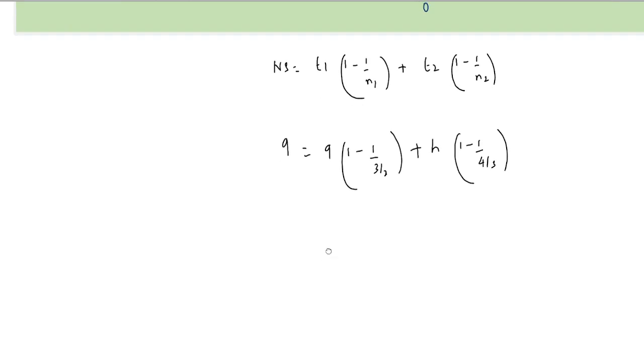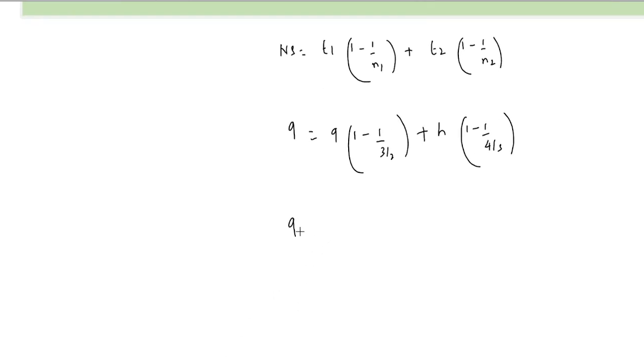So we'll solve this further. 9 is equal to 9 into (1 minus 2 by 3), which is 1 by 3, plus h into (1 minus 3 by 4), which is 1 by 4, so into 1 by 4.